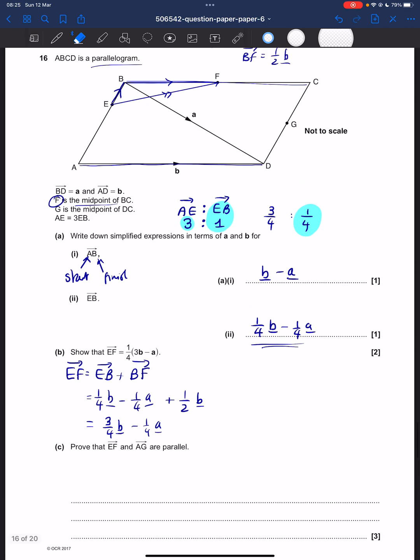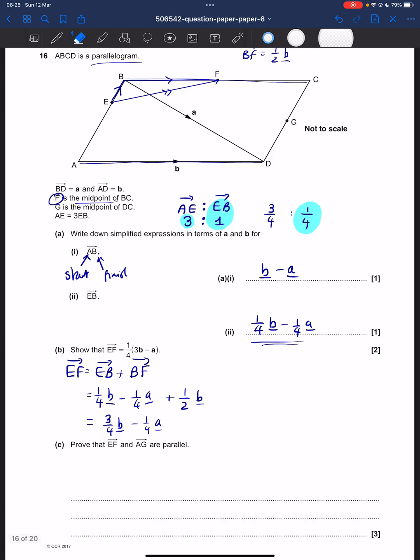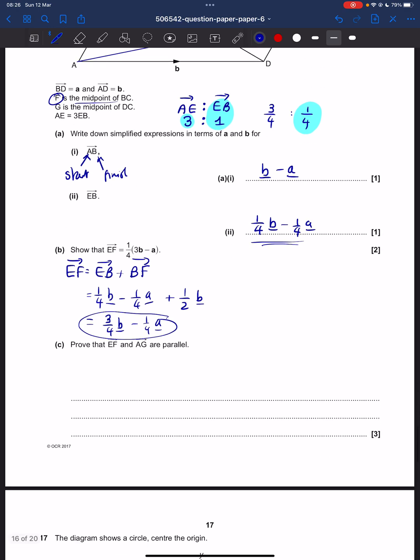Prove that E to F and A to G are parallel. So we've just worked out E to F is 3/4 b minus 1/4 A. We now need to do A to G. So I've got that one. A to G. Let's see.